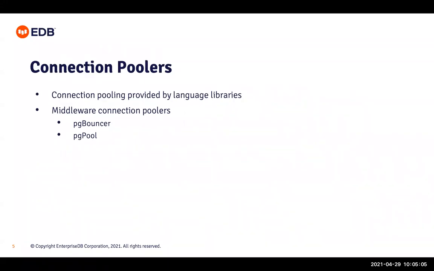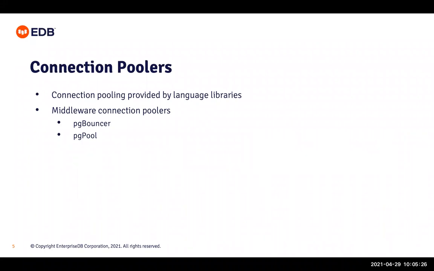So here are a few of the options available for connection pooling. You can rely on the language libraries. For example, you can use Java-based connection poolers like DBCP, C3P0, or HikariCP.